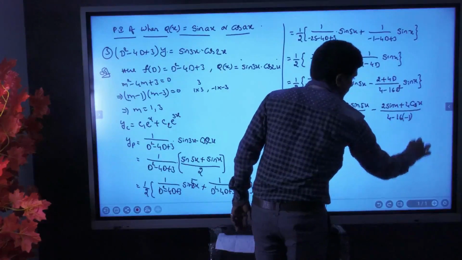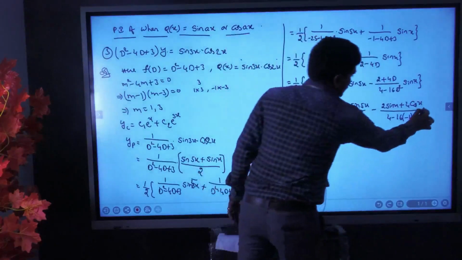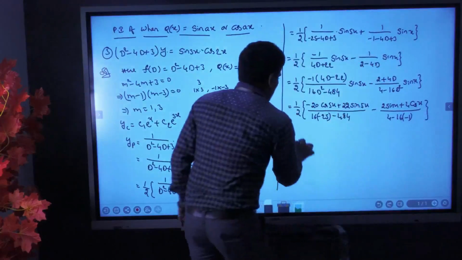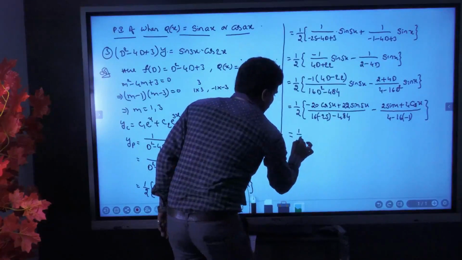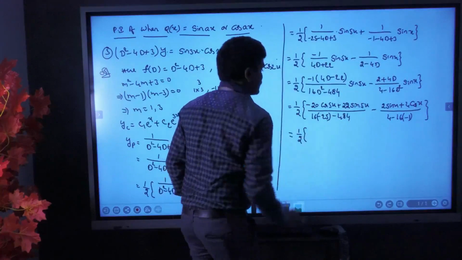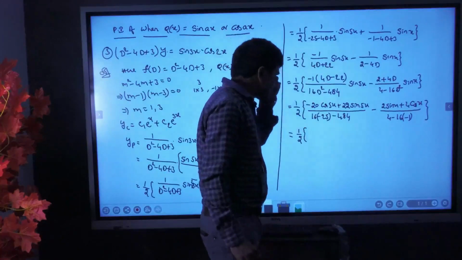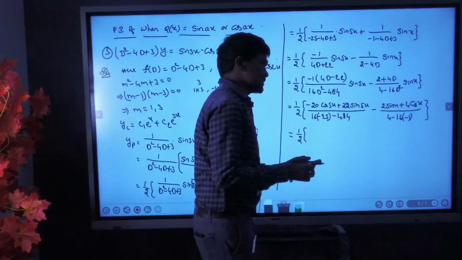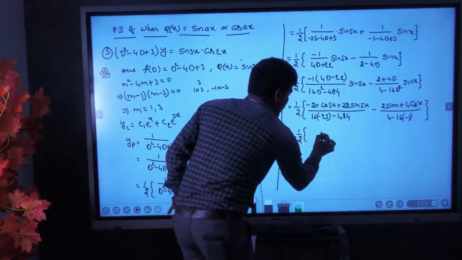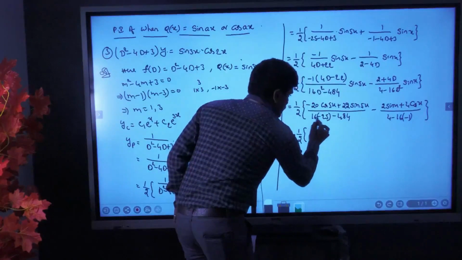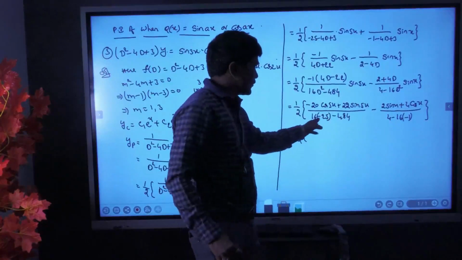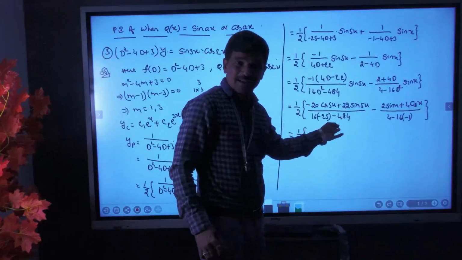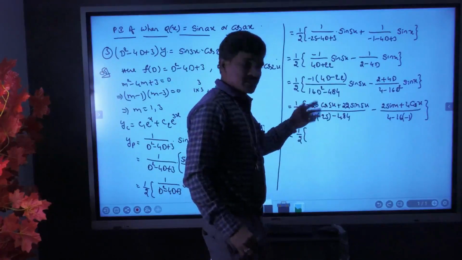So sin x derivative is cos x, here 4 minus 16, replace d square with minus a square. So here a is 1. So finally we get 1 by 2. This is a negative term. So 25 into 16, what is 25 into 16? So 400, minus 400. So here minus common, minus 400 minus 484, minus 884. Then minus common.